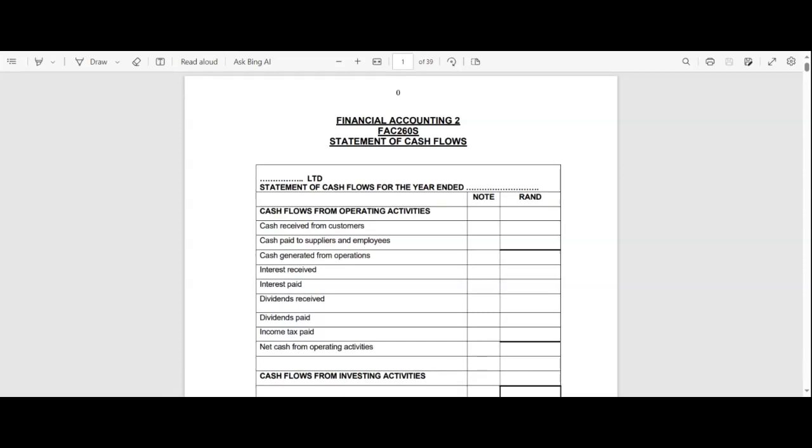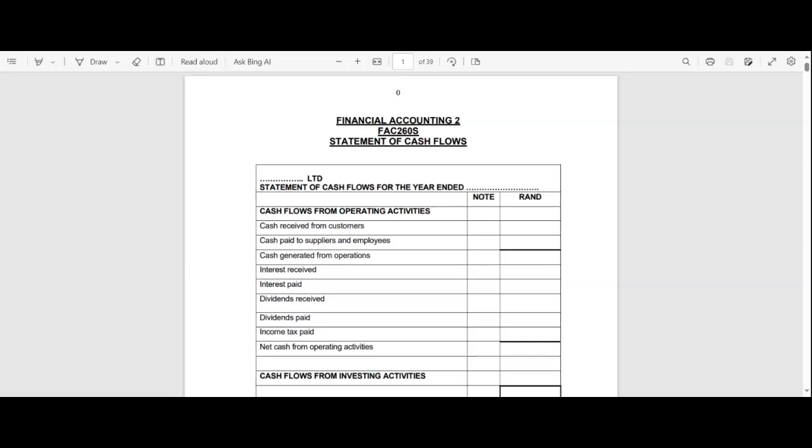The accrual system, in a nutshell, maybe we can just repeat the general idea behind it, is that a transaction or event is recorded when it occurs or when it takes place, not necessarily when the money flows. A classic example of that was where we had credit sales. So if you have credit sales today and that customer is only going to pay you, let's say, at the end of October, you are going to record that credit sale today.